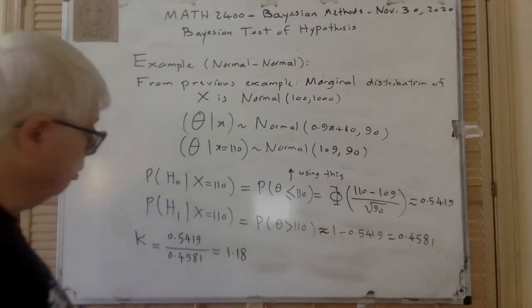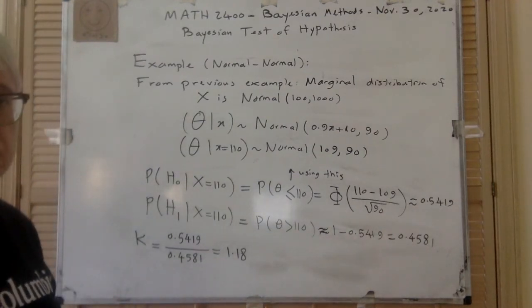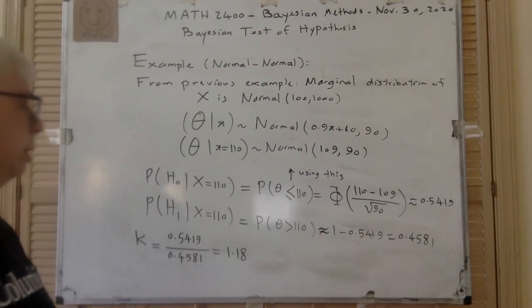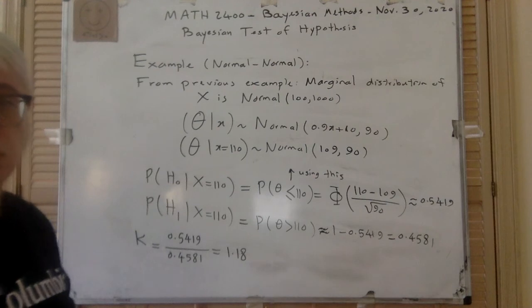If it were around 2, for example, that would be much better, and even bigger than that. But that's okay. We have some slight evidence to accept H0, that the mean is in fact less than or equal to 110.